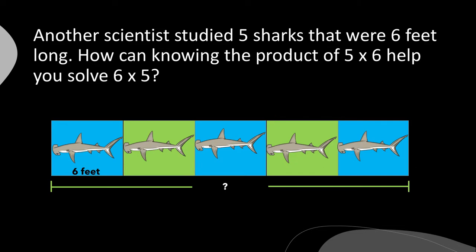So instead of having 6 sharks this time, we only have 5, and they are 6 feet long each. We can again do 6 plus 6 plus 6 plus 6 plus 6 to give us 30, or we can use that commutative property and just flip it and count by fives and go 5, 10, 15, 20, 25, 30, and know that our product is still 30.